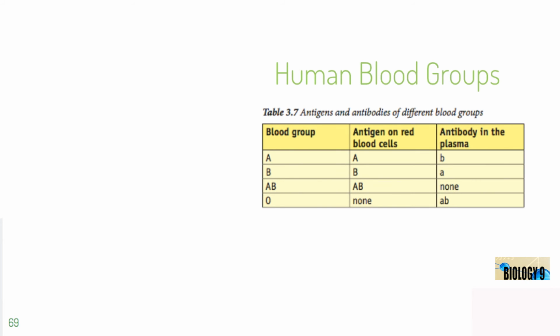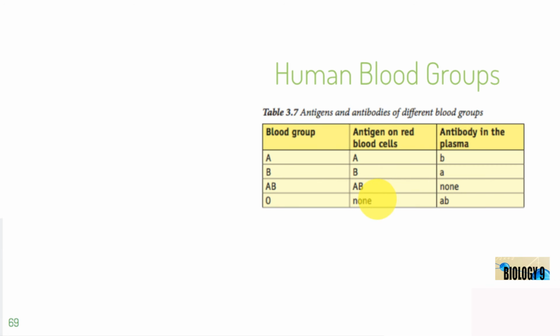All right. It's not usually the case that only one type of blood can be given. Blood group O, this one has got no antigens on it. So what that means is they can only receive group O blood.